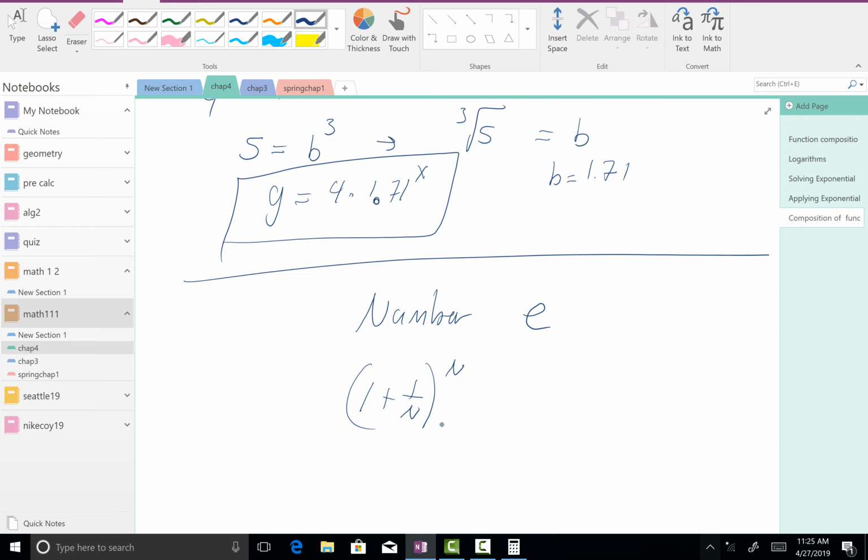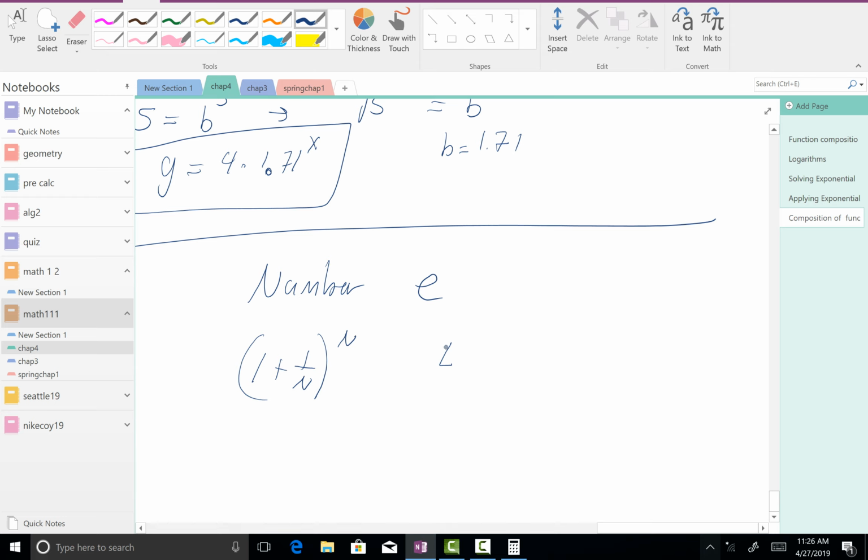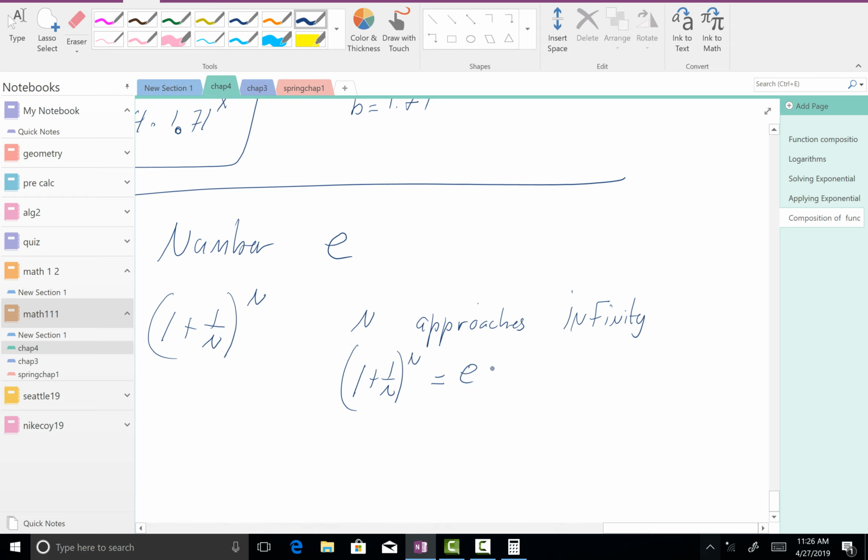So what we say here, as n approaches infinity, is that this 1 plus 1 over n to the n is equal to e, which is approximately 2.718 and keeps going and going.